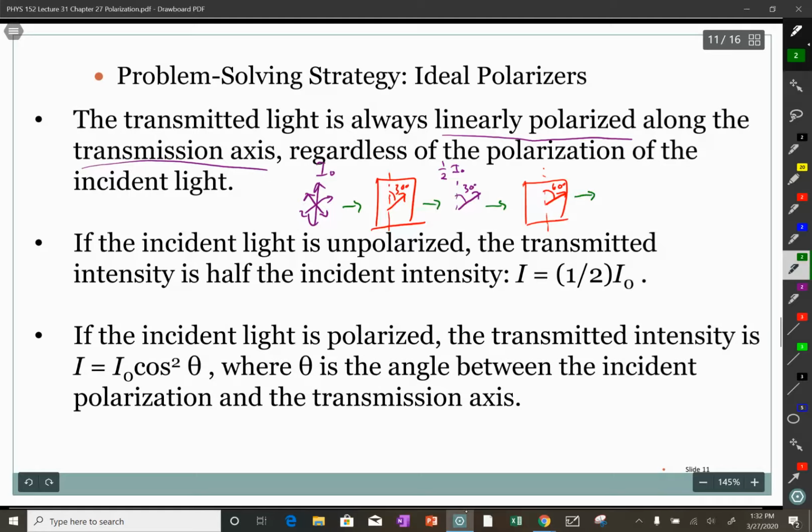Then the light that comes out is going to be oriented in that 60-degree direction, but the intensity, so this was intensity 1, here I'll have intensity 2 equals intensity 1, because that was the intensity that came into this specific polarizer, multiplied by cosine squared of the angle between the light that came into the polarizer at 30 degrees and the polarizer orientation of 60. The difference between 60 and 30 is 30. And cosine squared of 30 degrees is 3/4.